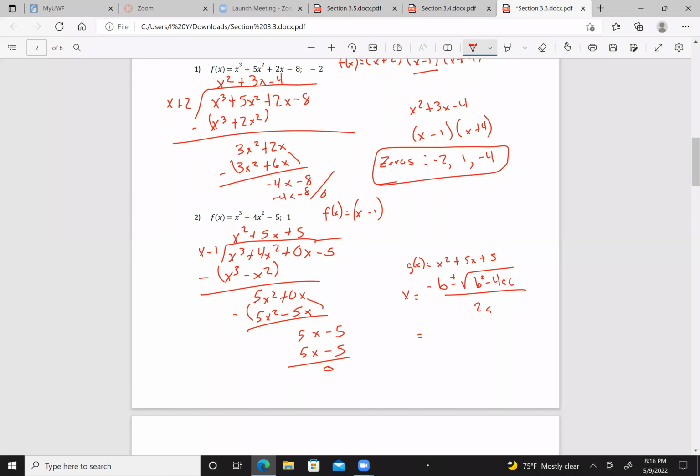So we have negative 5 plus or minus the square root of 25 minus 4 times 1 times 5, over 2 times 1, which gives me negative 5 plus or minus square root of 5 over 2. So that's two of my zeros, and x equals 1 is the third one.